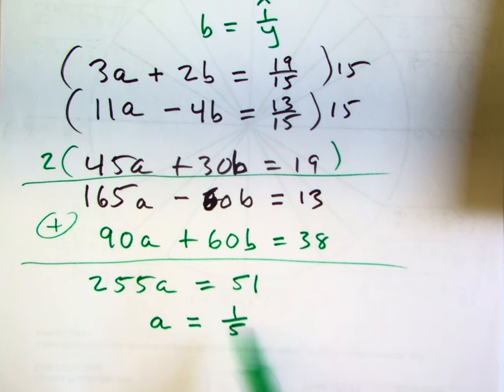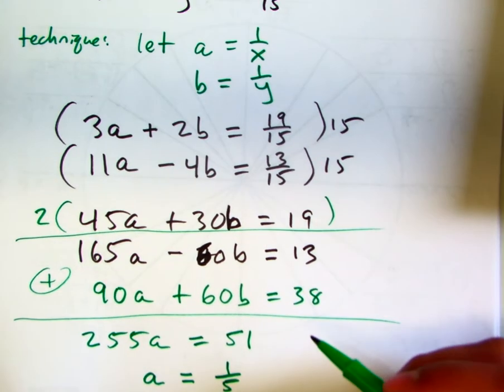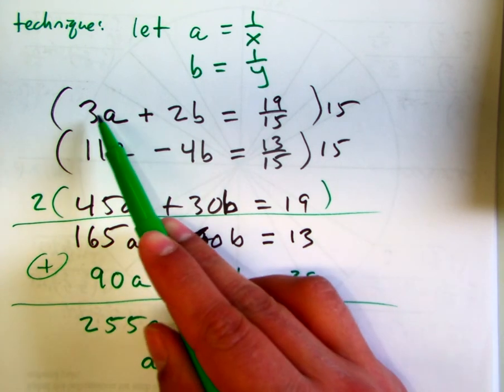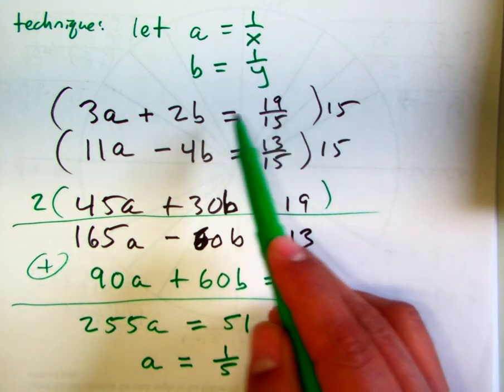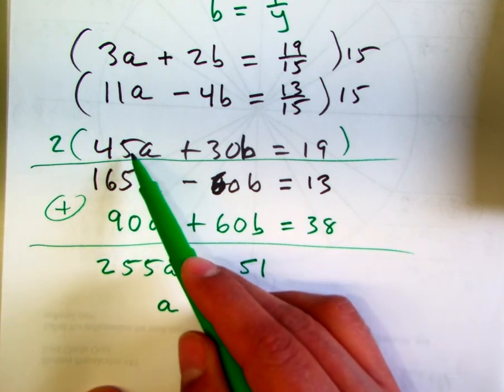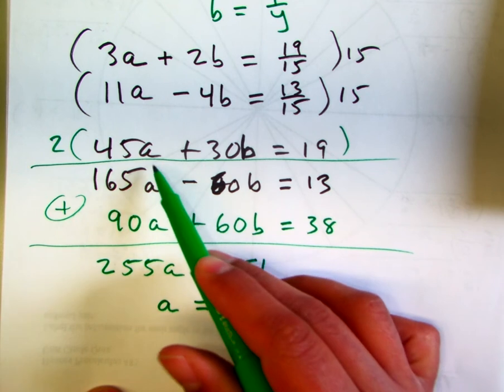Okay, so we have a. Now we can plug it in. We have a whole bunch of options. Guys, listen up. If you plug it in here, you're going to end up with fractions again. I'm going to go to this original one here, 45a, because we're going to multiply it by 1/5, and that's not going to be a fraction anymore.